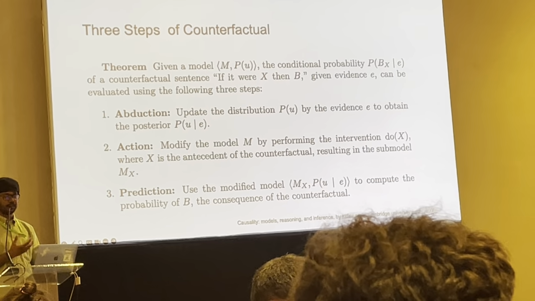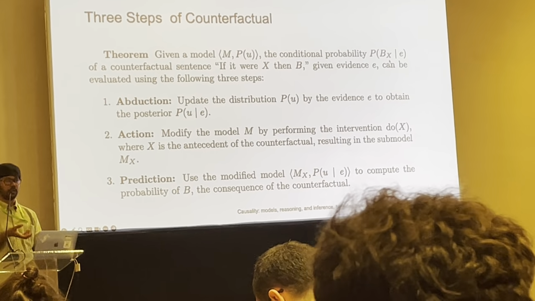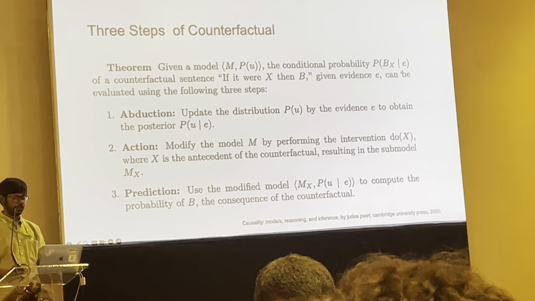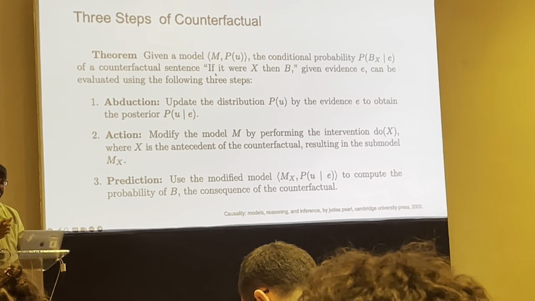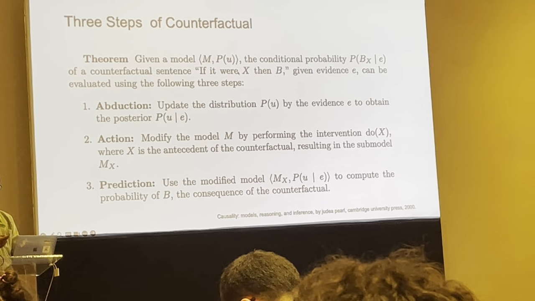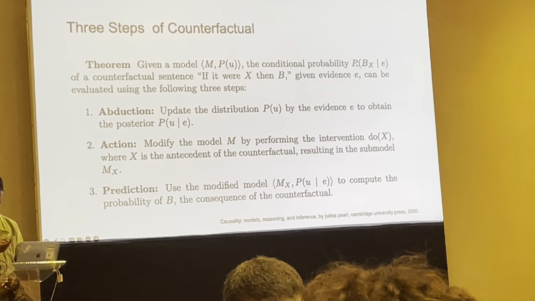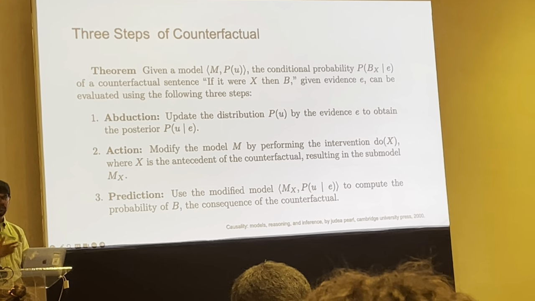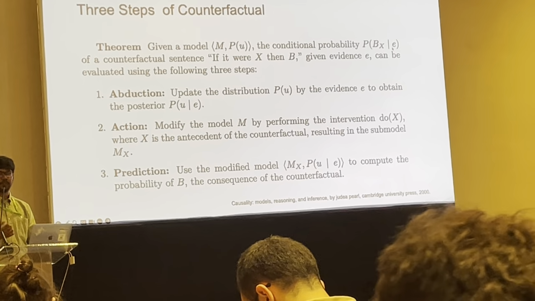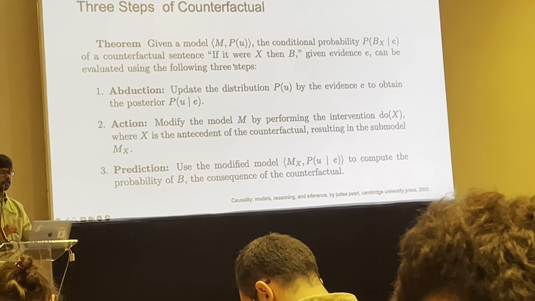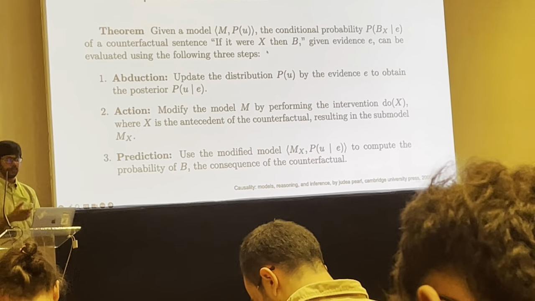Here B is the outcome, X is the intervention, and E is some evidence. This is the counterfactual question, and in a sentence it is: if it were X, then B. What is the probability of B happening if I intervene on X given some evidence E? This is the query we want to answer.